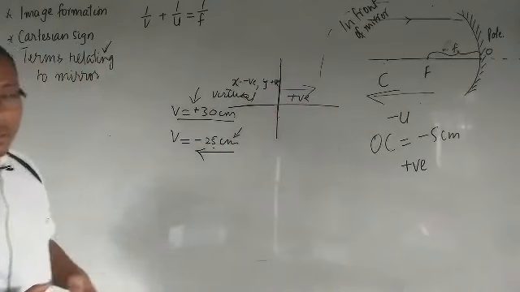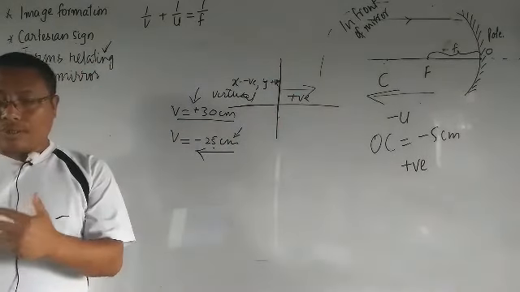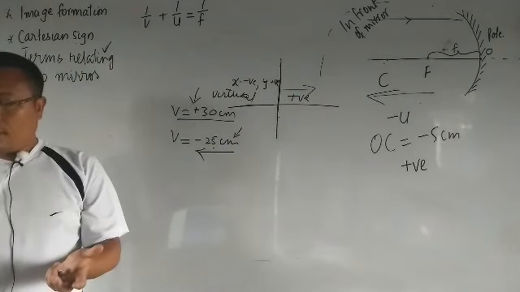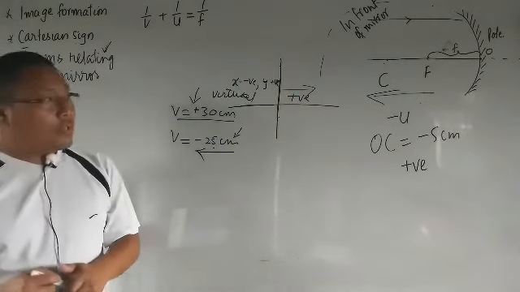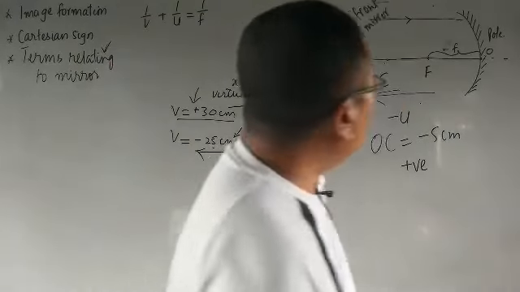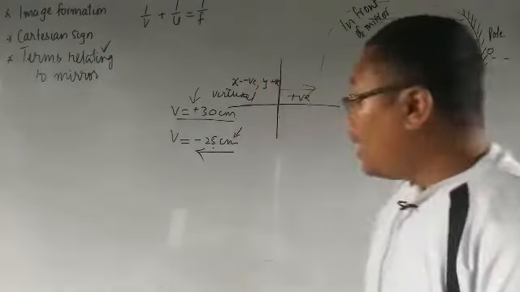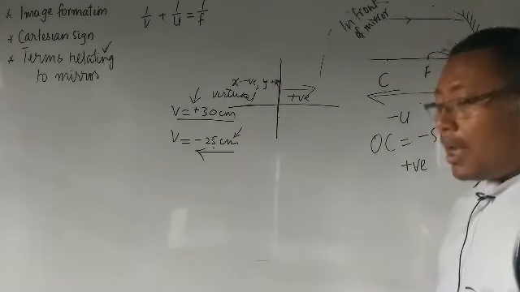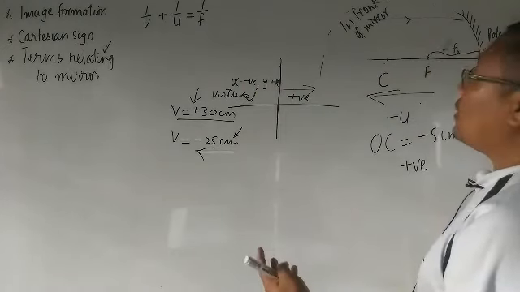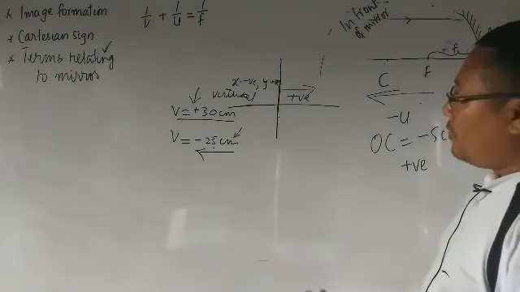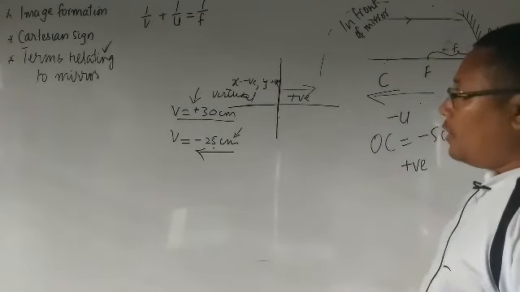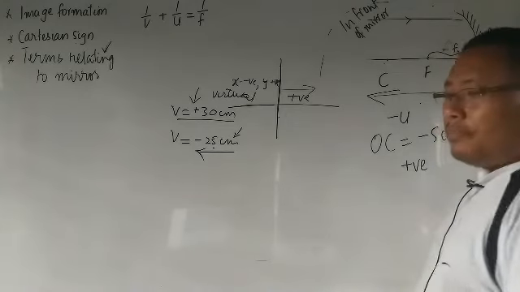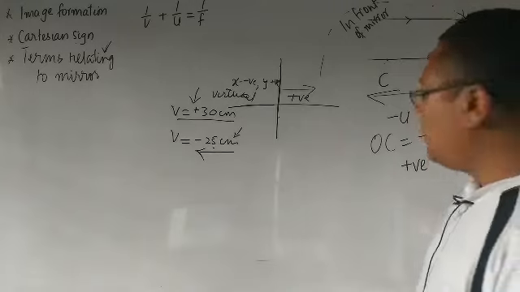So it's like the Cartesian sign in your coordinate geometry and graph, right? Very similar to that. So this is the basic idea you have to keep in mind as you go about deriving the formula of the mirror equation and image formation.